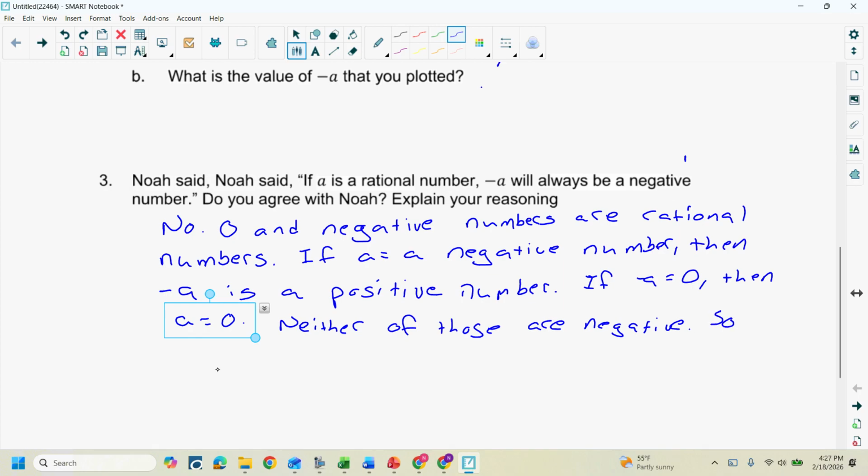So negative A will not always be negative. Okay, negative A will only be negative if A was positive to begin with.